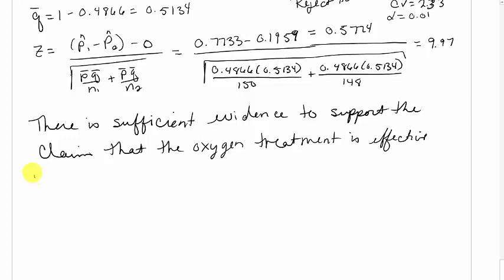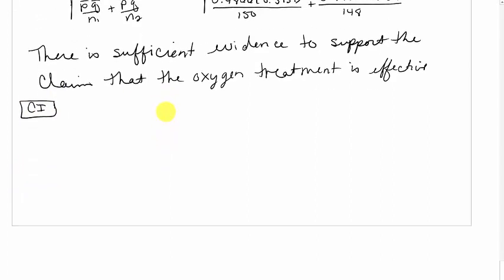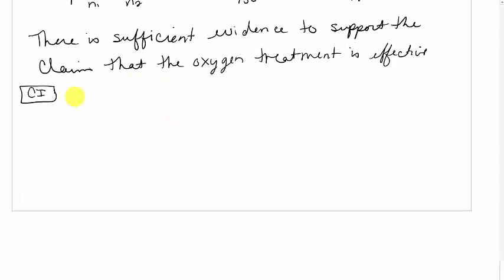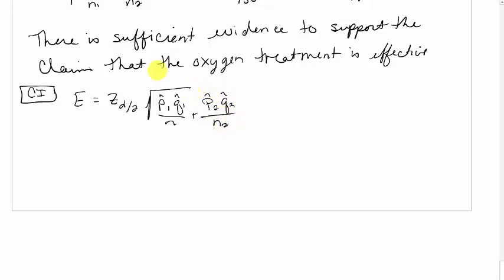Now we want to create a confidence interval based off of this hypothesis test. The error equation for this is z sub alpha over 2 times the square root of p hat sub 1 q hat sub 1 over n1 plus p hat sub 2 q hat sub 2 over n2.